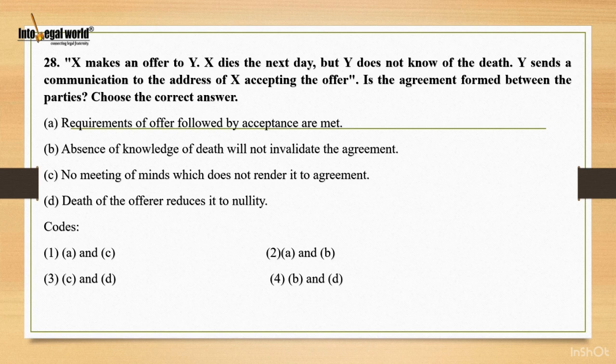Option A, requirements of the offer followed by the acceptance are met. Absence of knowledge of death will not invalidate the agreement. No meeting of minds, which does not render it an agreement. Death of the offeror reduces it to nullity. So the correct options are option B and option D. Absence of knowledge of death will not invalidate the agreement, but at the same time death of the offeror reduces it to nullity. The correct option is option 4.